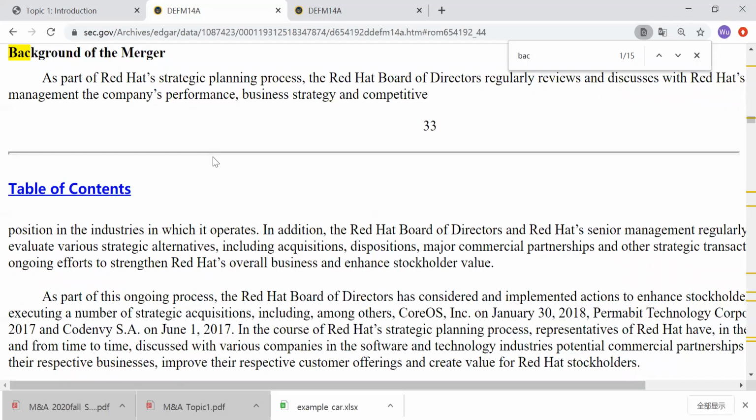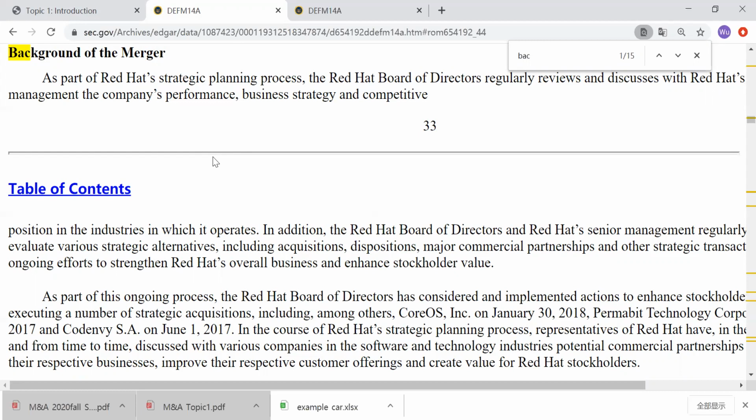In these types of filings, they have to disclose the background of the merger, where they have to detail every single event that happened during the merger negotiation from the beginning to the end. And what is the end here? The end is when both parties publicly announce the deal.